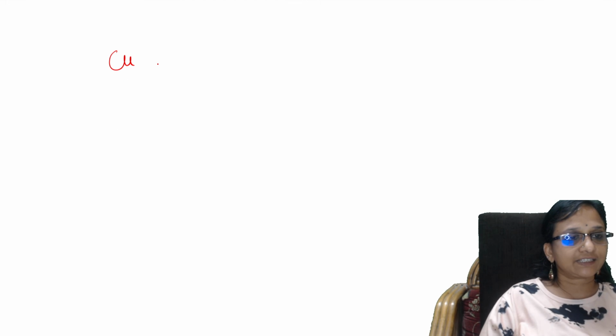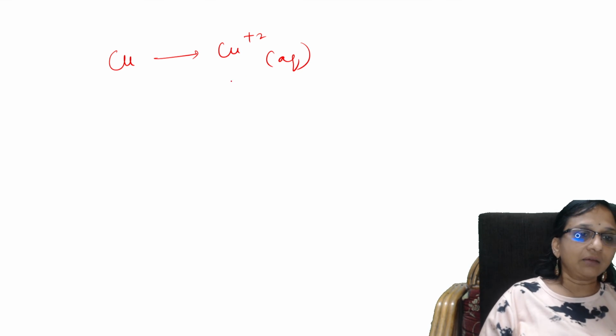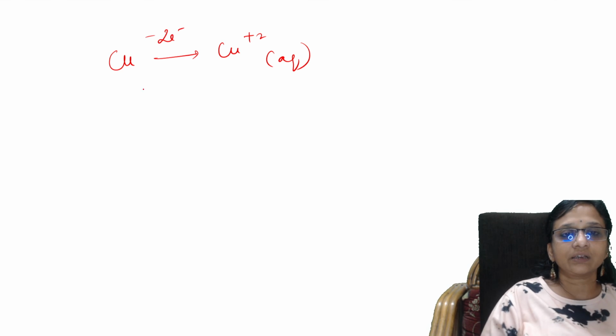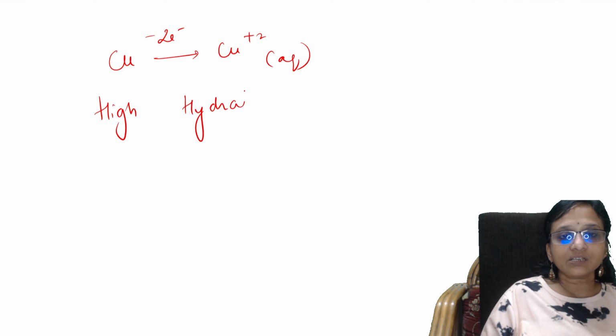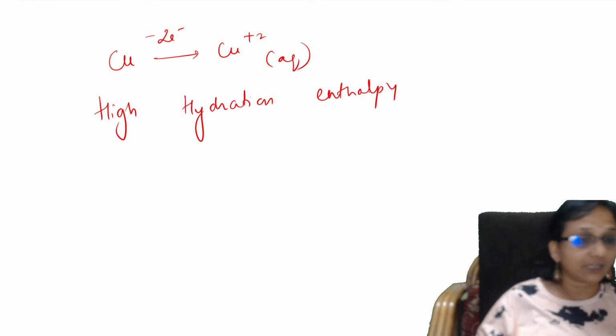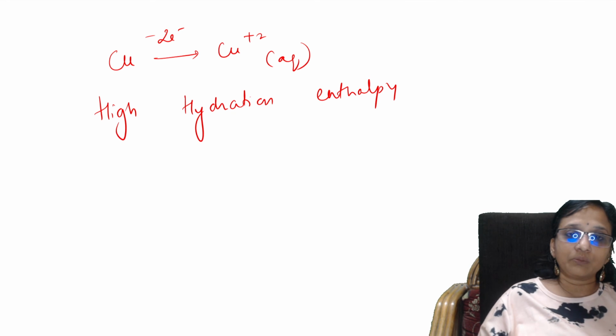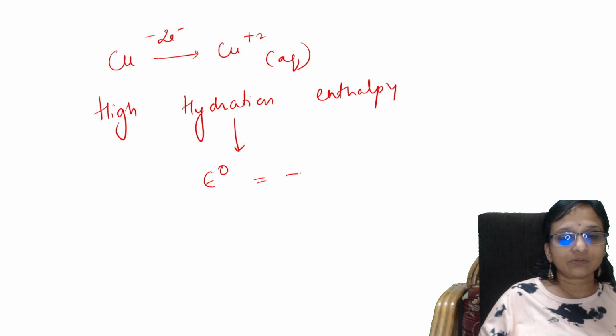Remember, whenever I talk about copper, when it is losing electrons to form Cu plus 2 in aqueous state, to take out 2 electrons, what is required? It requires high hydration enthalpy. Now, because of this hydration enthalpy, the electrode potential value is plus 0.34 volts.